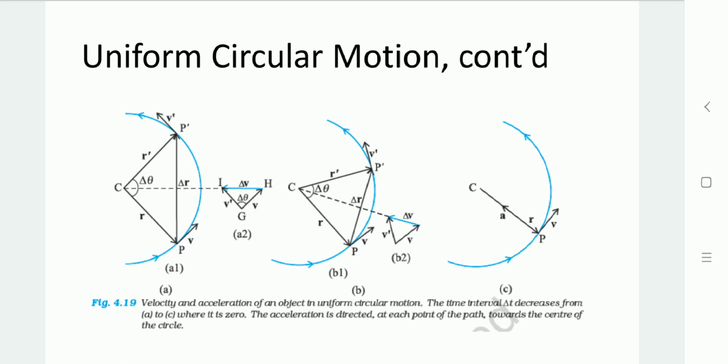To define the velocity vectors, from a common point G keep the v component in the same direction with the same magnitude, as you can see in diagram A, and the v dash component from the G point with the same magnitude and direction. The difference we get from the triangle method is delta v. Both vectors are apart by the angle delta theta.